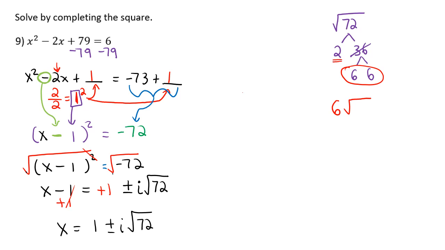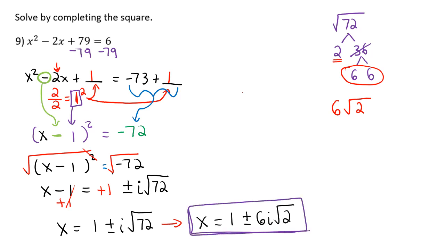It had nothing to pair up with, so it stays inside the radical sign. So I can simplify my answer down to x equals 1 plus and minus 6i square root 2. And this is the simplified answer for your problem. That's the answer we're looking for on the test.